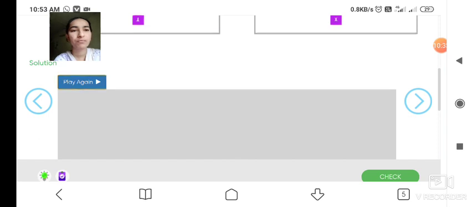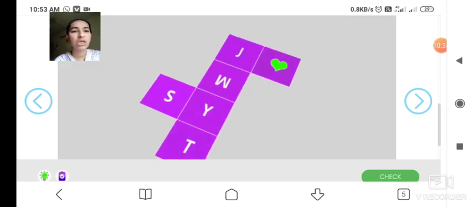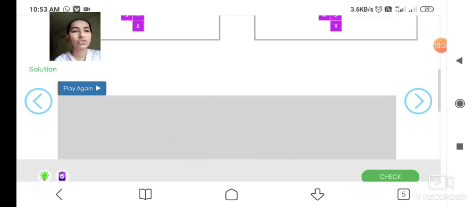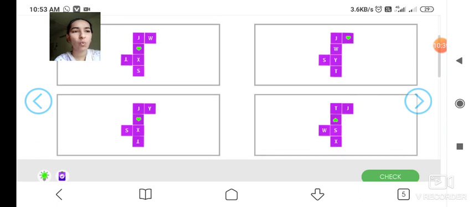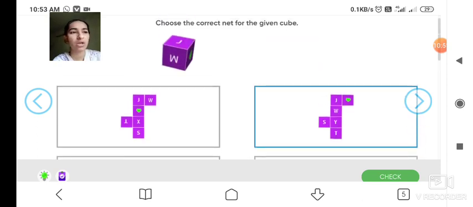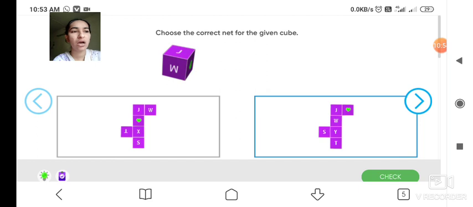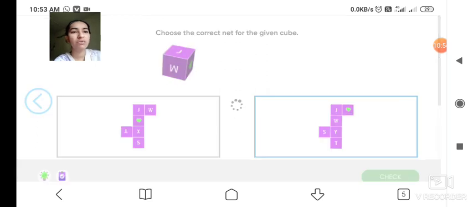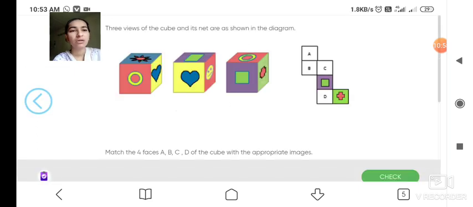Yes, see, J M Y T. Which one is that? Sorry, J W Y T S, and this is a heart shape. That means the second is the correct one. Okay, understand?